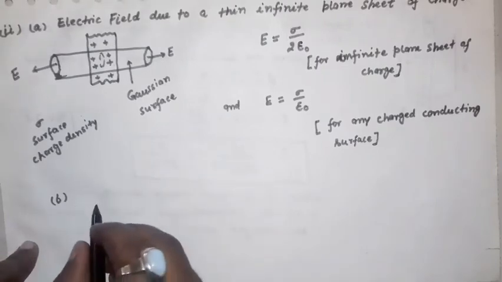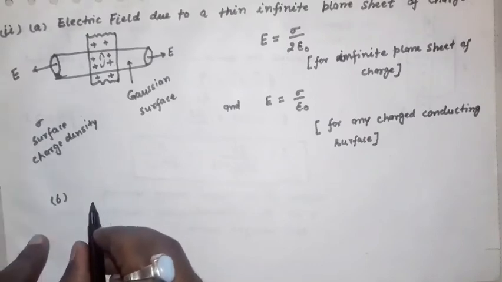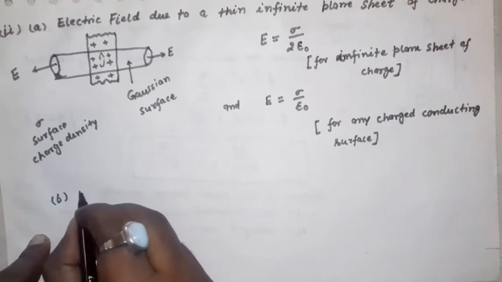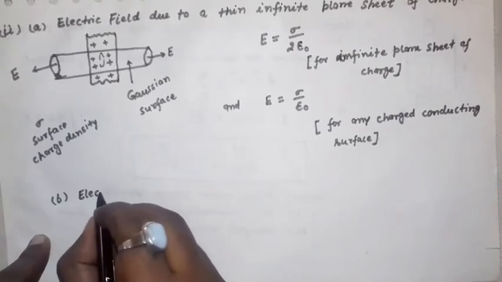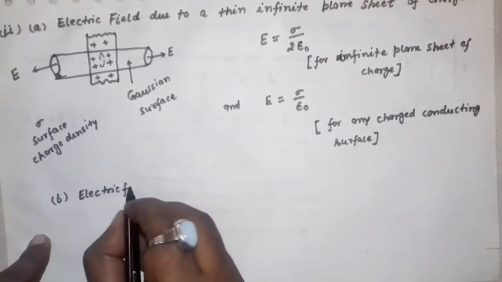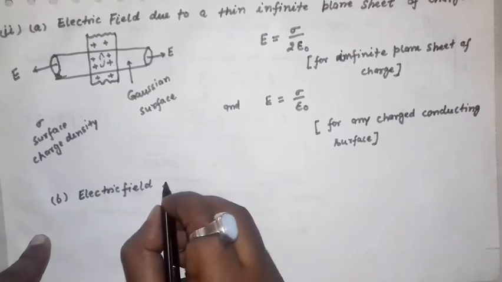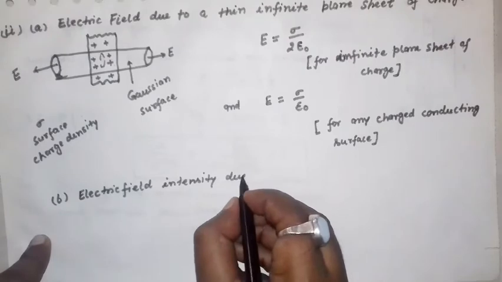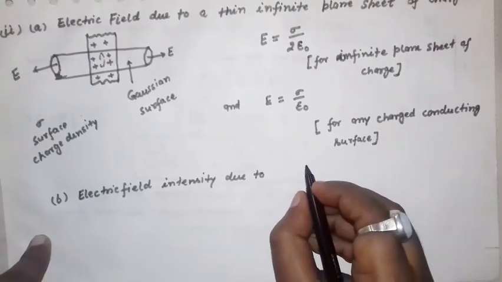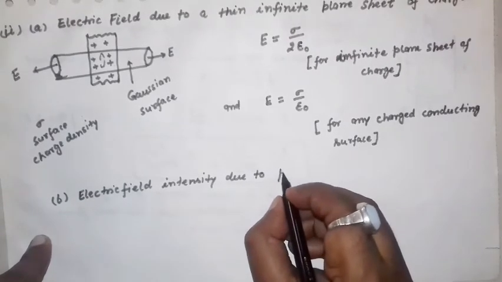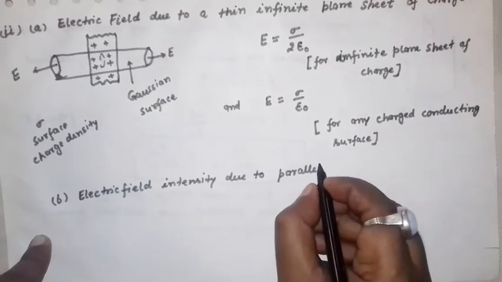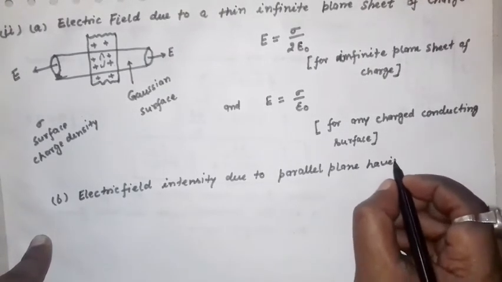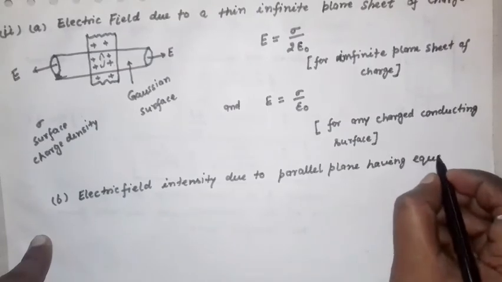If we take two equally and oppositely charged parallel planes, so the electric field intensity due to parallel planes having equal and opposite charges.